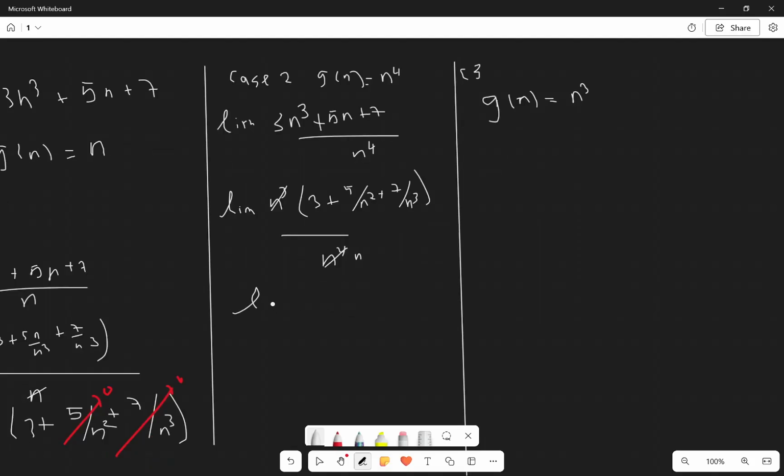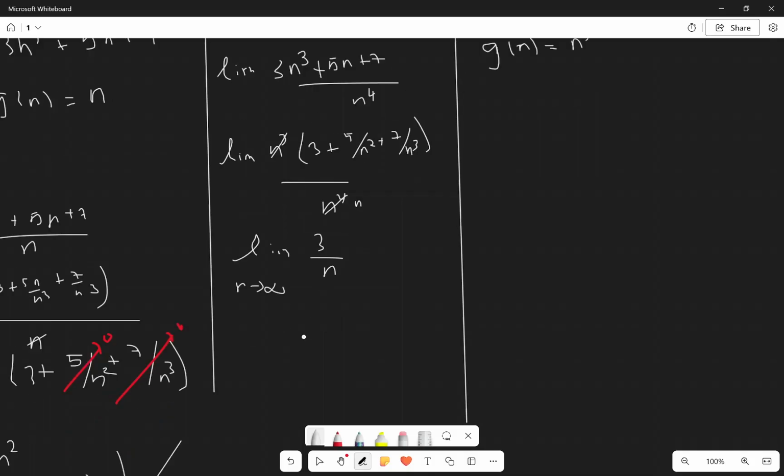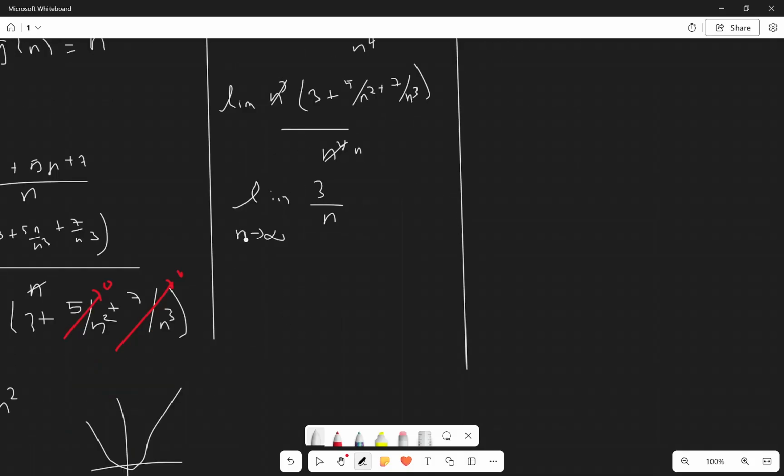Over here we have n, so it will be the limit of 3 divided by n as n goes to infinity. As n goes to infinity, 3 gets divided by a very large value, so this goes to 0.